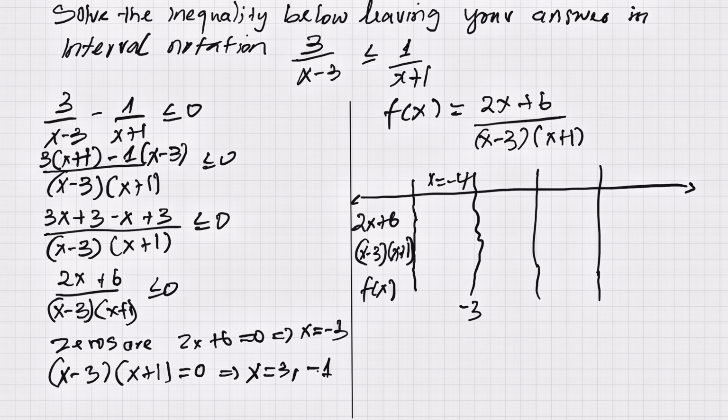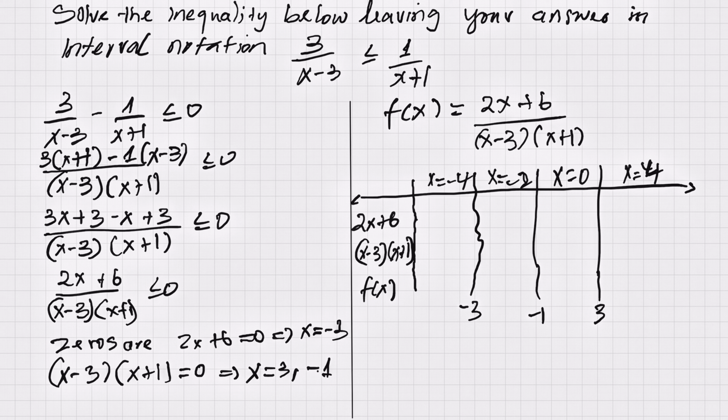Values between negative 3 and negative 1, we can choose x equal to negative 2. The next point is 3, so values between negative 1 and 3, we can choose x equal to 0. And values above 3, we can choose x equal to 4.